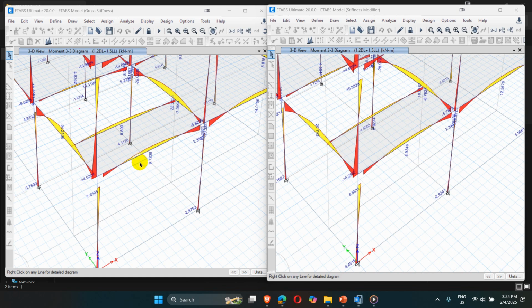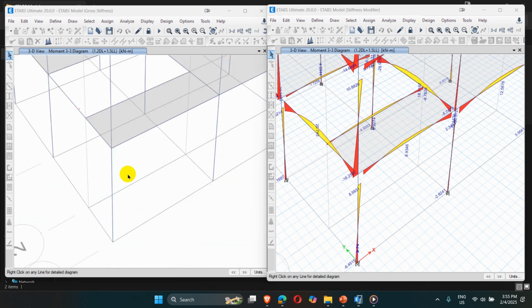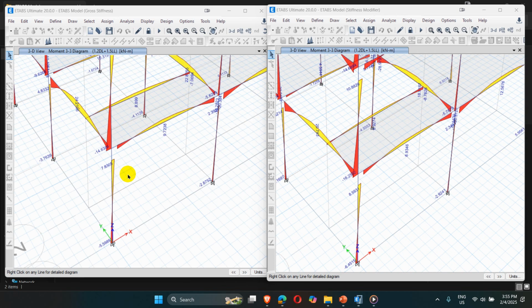So looking into the column, the moment is low because they all have uniform cross section and the force distribution is uniform, which means the column has low force demand in gross stiffness section as compared to the stiffness modifier section, and the column is designed for this value, and here looking into this section, the column is designed for higher value.